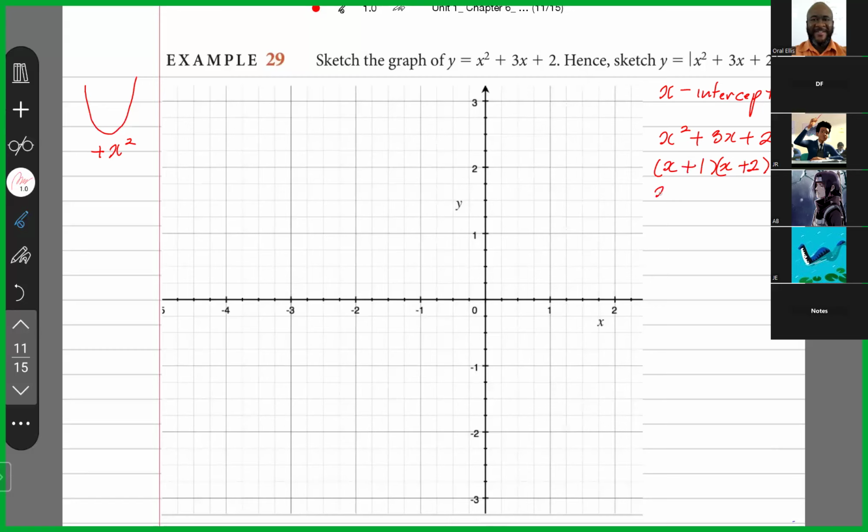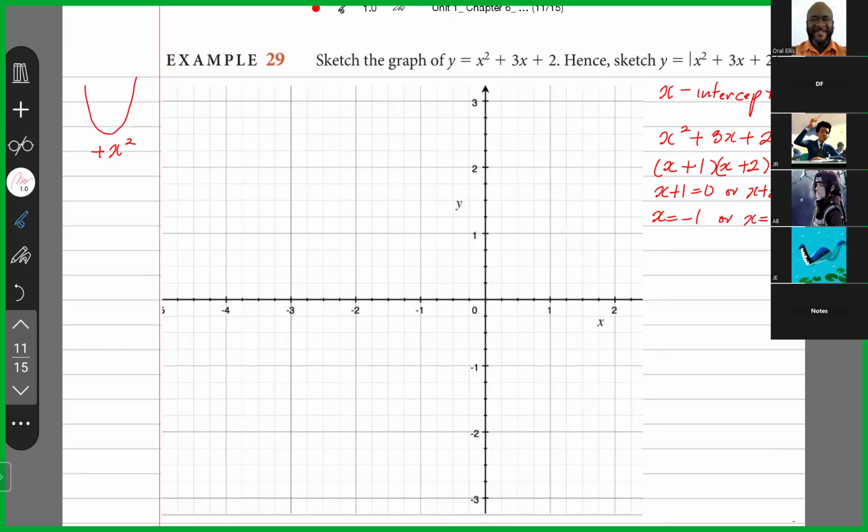Then I'm going to have x plus 1 is equal to 0, or x plus 2 is equal to 0. So x is equal to -1, or x is equal to -2.